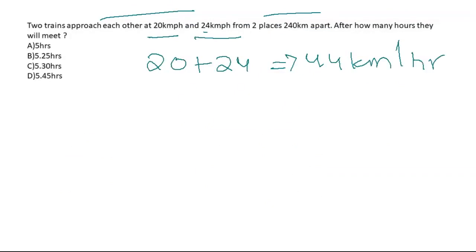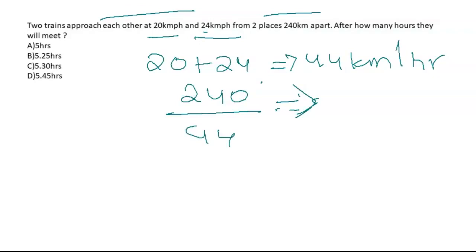So 240 kilometers, how long will we take to travel? What time will they meet? Is the question. How many hours until they meet? 44, no, 44. I don't think it's 5 hours. If it were 42, you could say 5 hours.